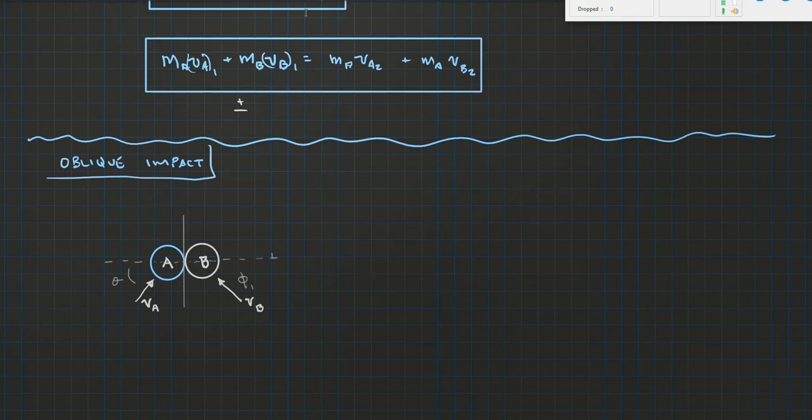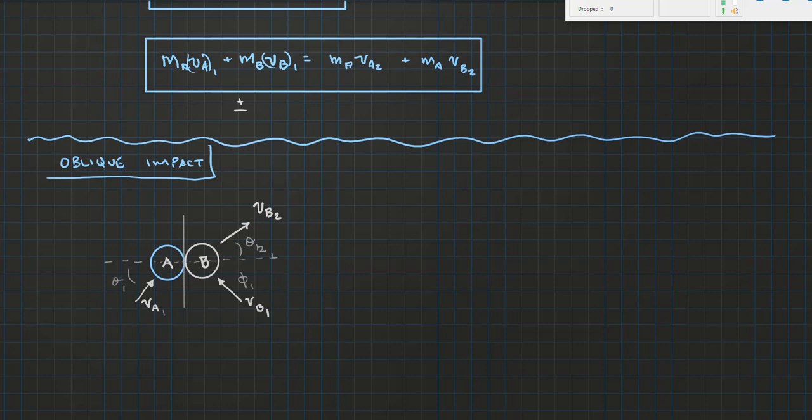So we have impacts coming in general from two different directions at velocity 1 and theta 1 for particle A, and velocity of B initially with an initial angle for B. After impact, we'll have then some angle phi 2, and of course this will be at some velocity b2.